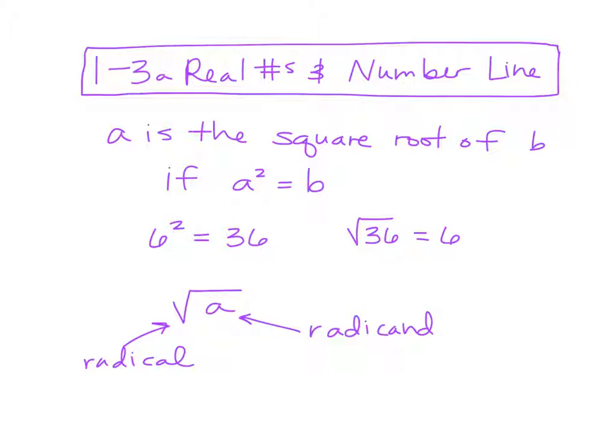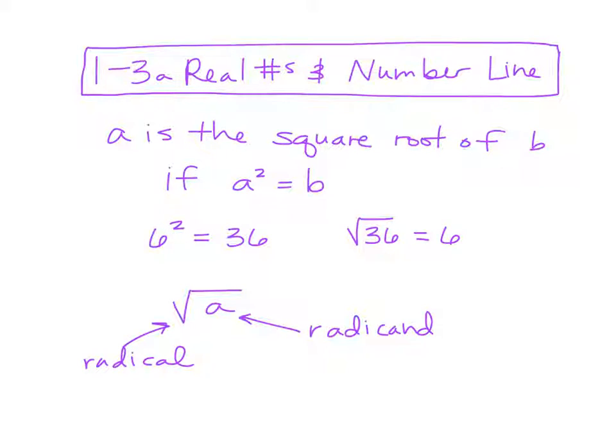Just a heads up, sometimes I say the square root of 36, and sometimes I say rad 36, like I'm back in the 80s, this is radical. If I say rad 36, it's just the square root of 36, okay? I kind of jump between the two. They mean the same thing. You may use either one, okay?